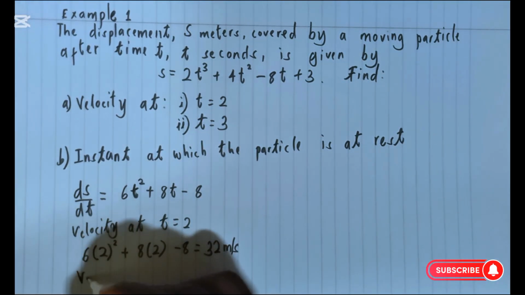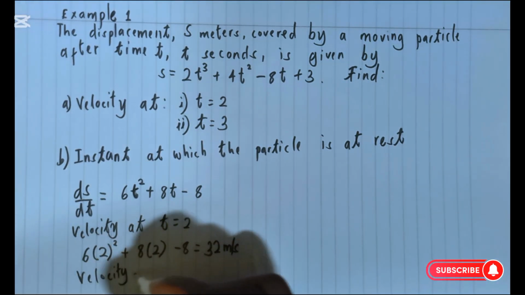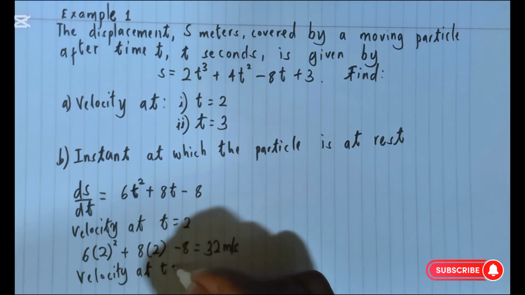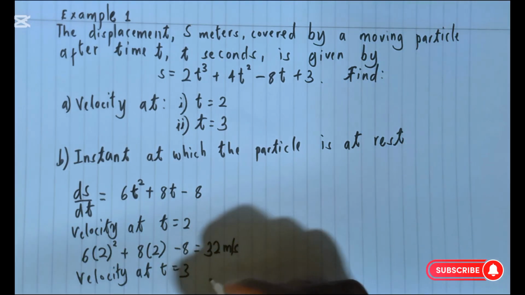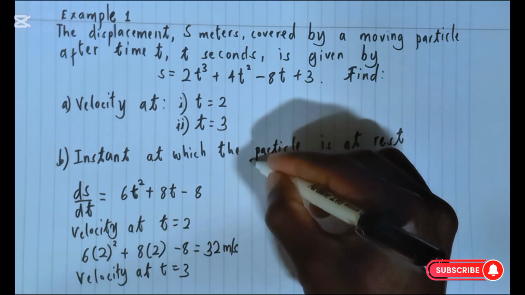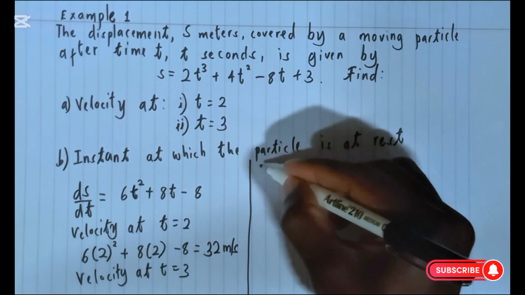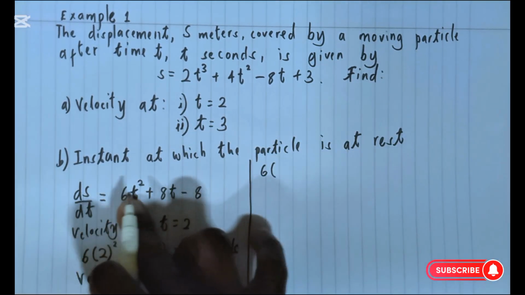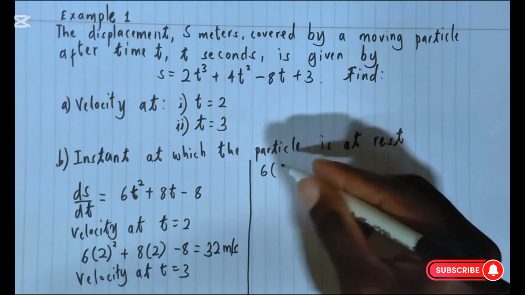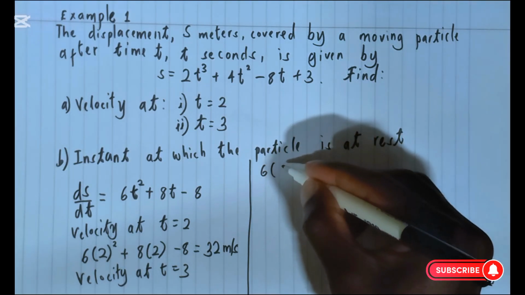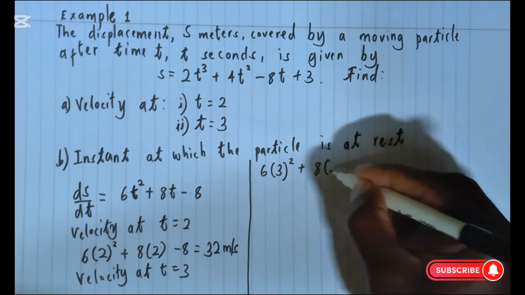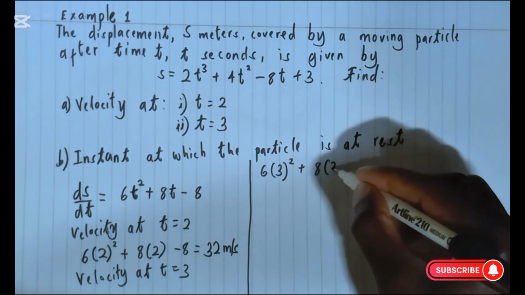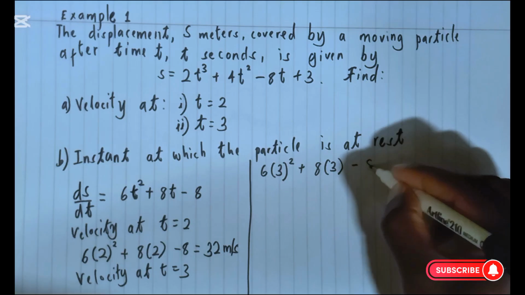So velocity at t equals 3 will give us 6 into 3 squared plus 8 into 3 minus 8.